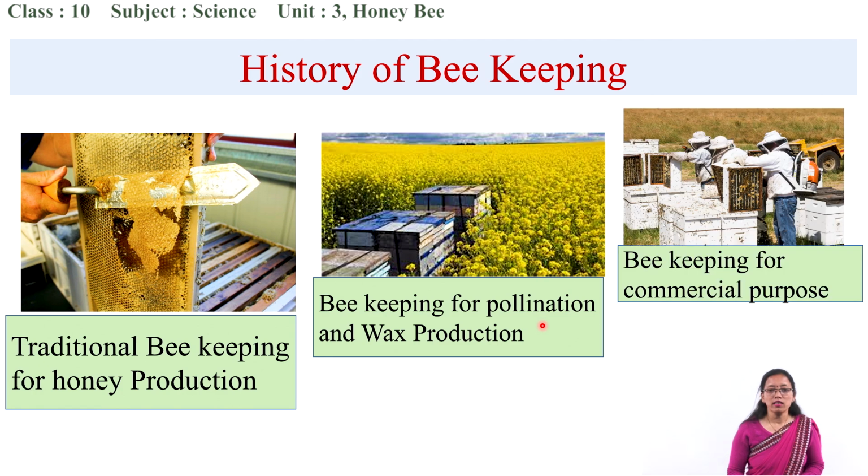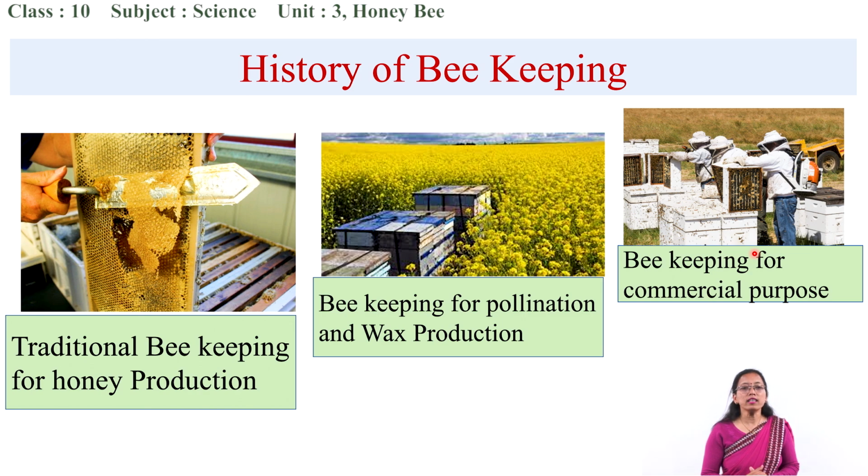And next, now beekeeping is cultivated for commercial purposes. They cultivate bees in a large area and produce a large amount of honey, wax, and nowadays also royal jelly. Royal jelly is also collected from beekeeping, which is very costly, and they can earn more money from royal jelly than from honey and wax.